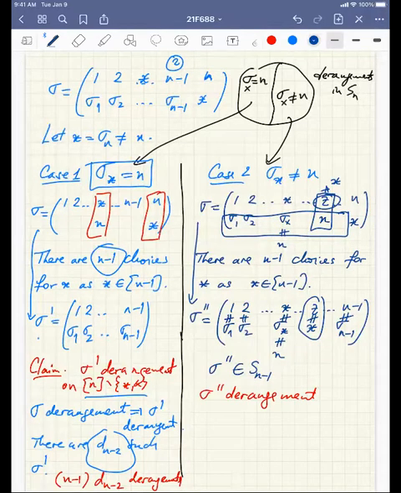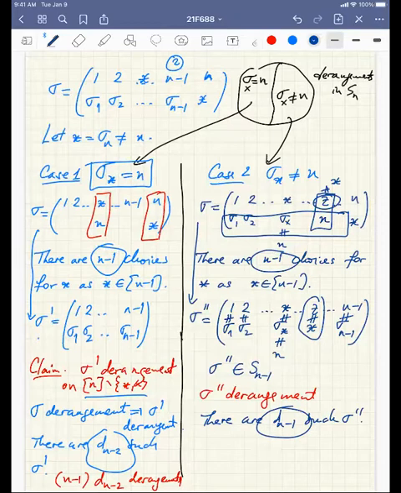And now the count is similar to the one before. We have n minus 1 choices for x, and there are dn minus 1 such derangements. So we can pair up any choice of x with any derangement from here, and we get a count of n minus 1 times dn minus 1 such derangements.